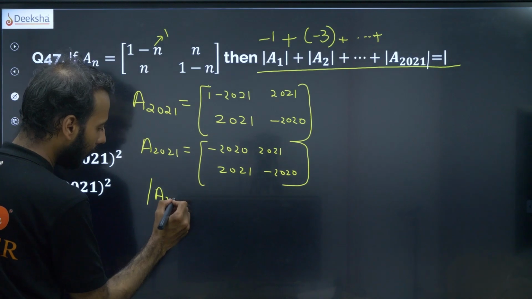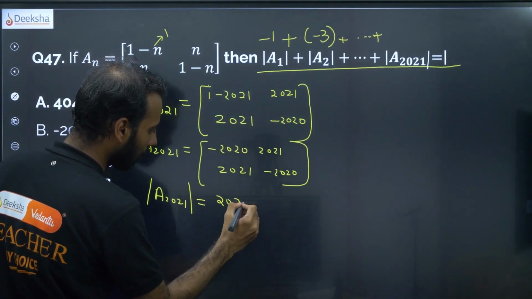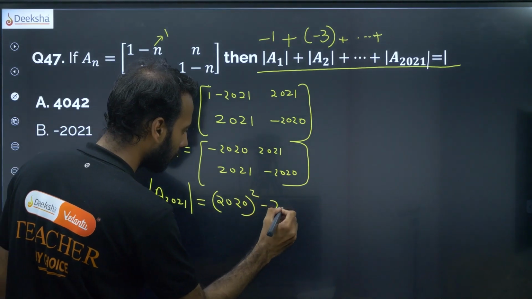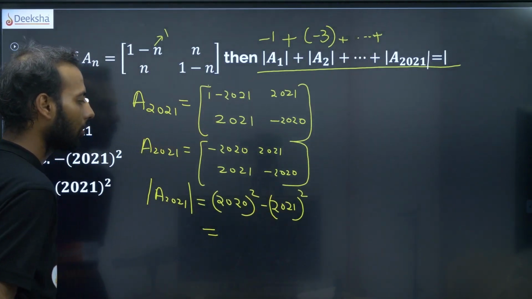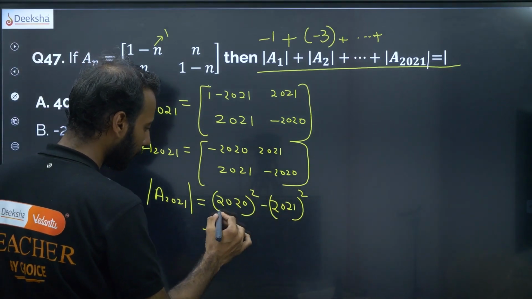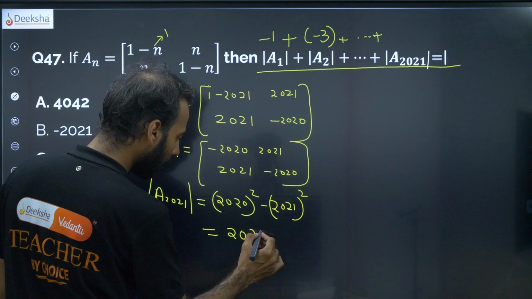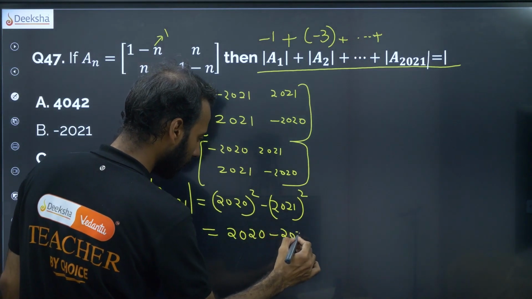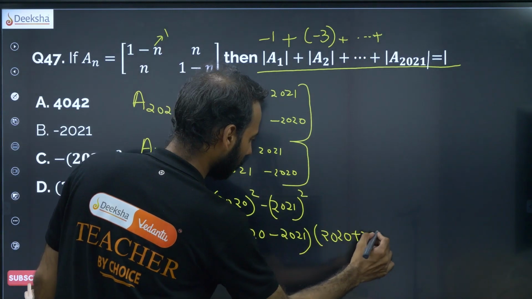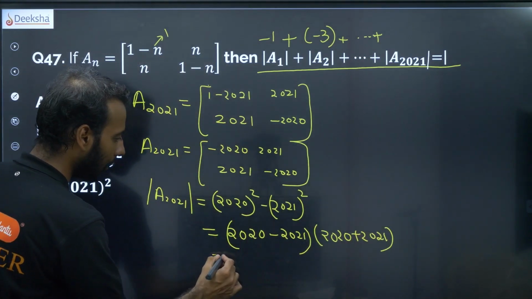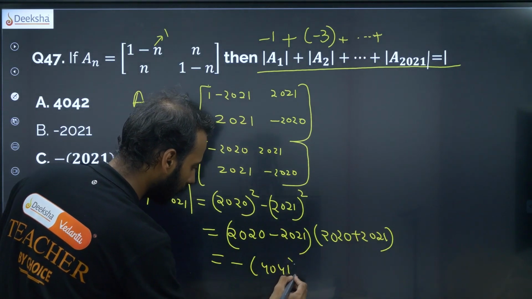Determinant of A2021 is, if I multiply this, 2020 square minus 2021 square. This is A square minus B square, so here we'll get minus 4041.